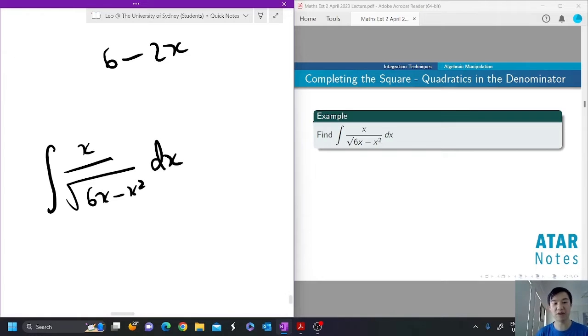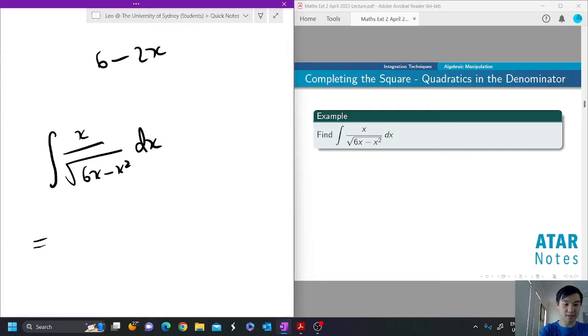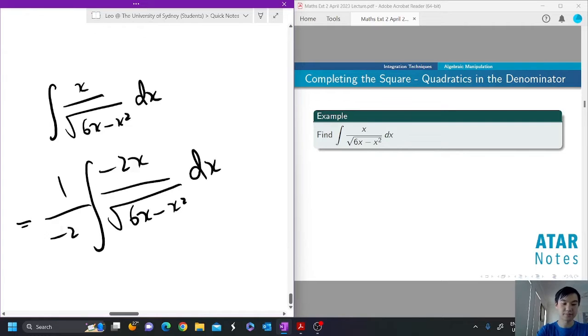So I'm going to have to algebraically manipulate it so the top resembles the derivative, so that we can apply the reverse chain rule. So what I'm going to do is multiply by negative 2, first of all. But I can't just multiply by negative 2 without balancing out the fact I did that by dividing by negative 2, like that.